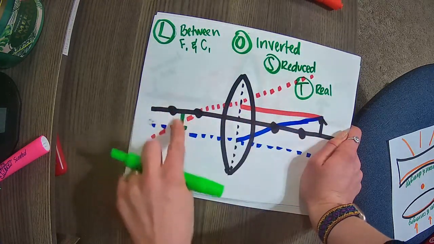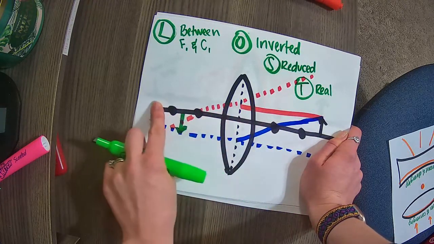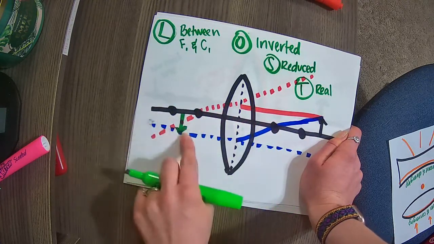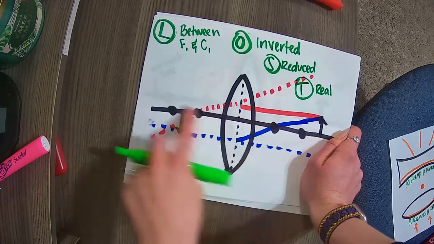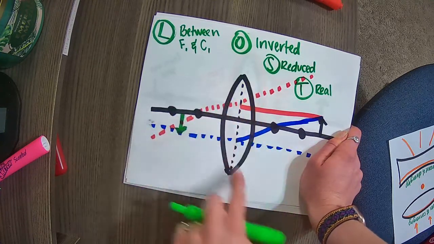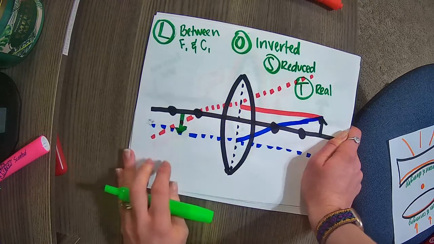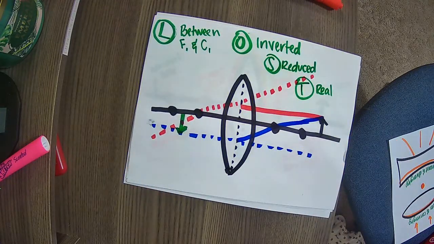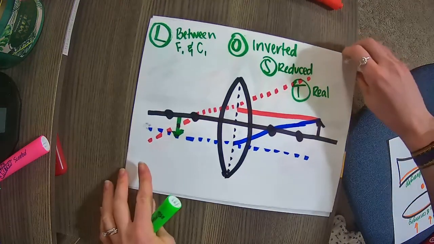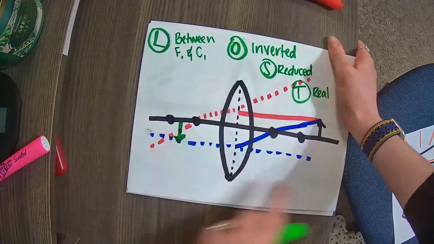But here, with our normal line above where our image is formed, and it is through our lens, we do have a real image.